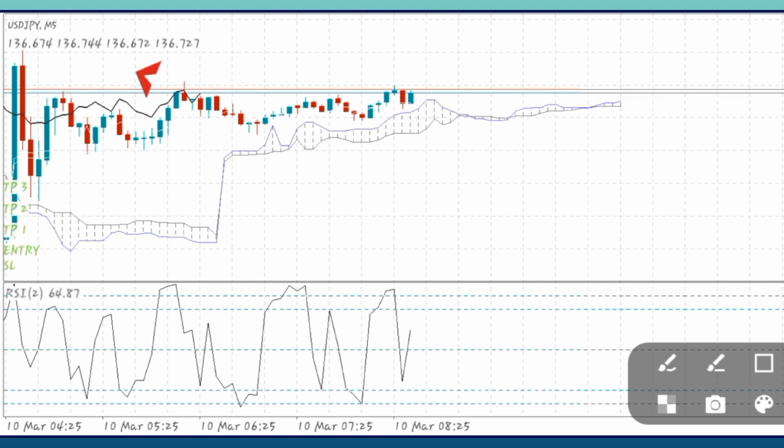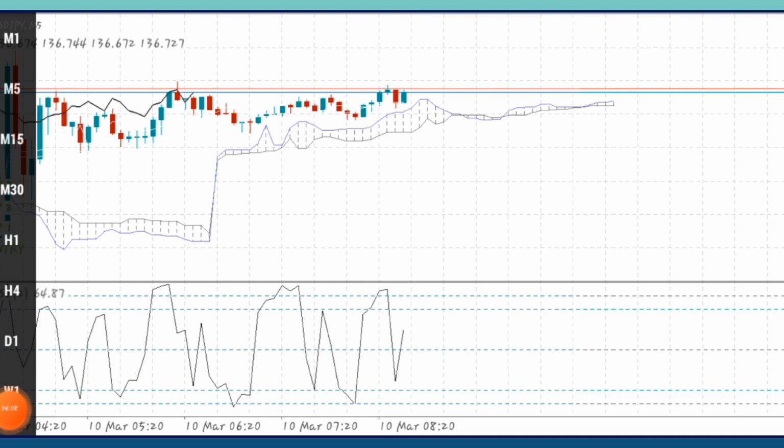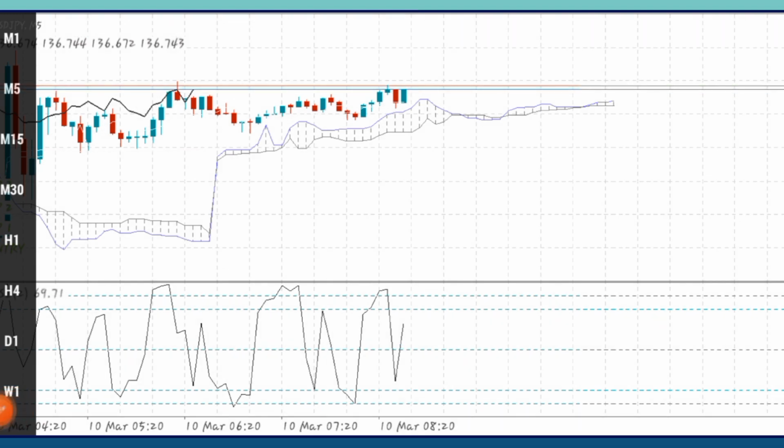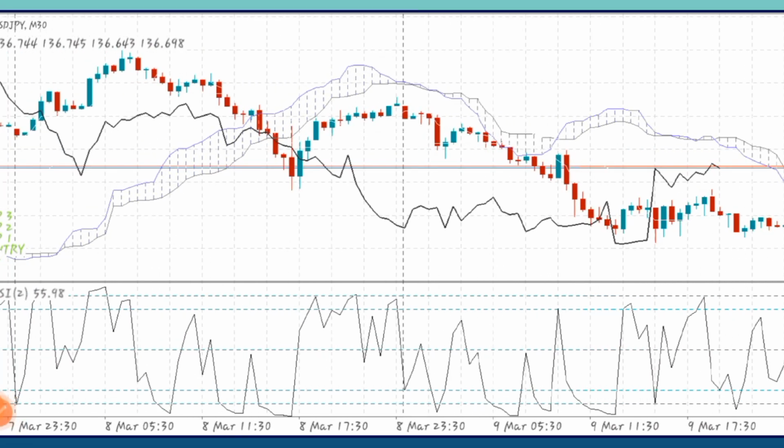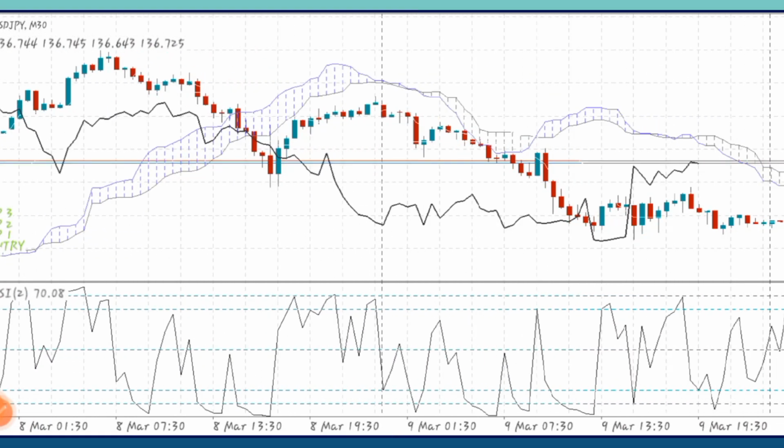If the 30 minutes time frame seems a little bit noisy, I'll still change it to 1 hour time frame. Alright, so you can see the structure of the charts on 1 hour time frame.